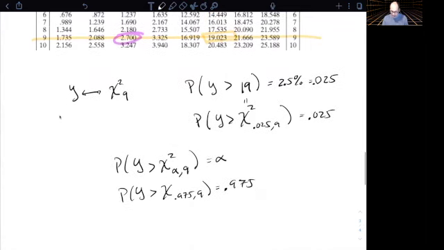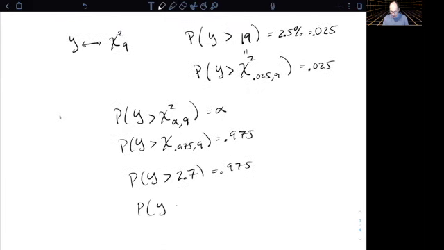So we know that the probability that y is bigger than 2.7 is 0.975, which is to say the probability that y is less than 2.7 is 0.025.